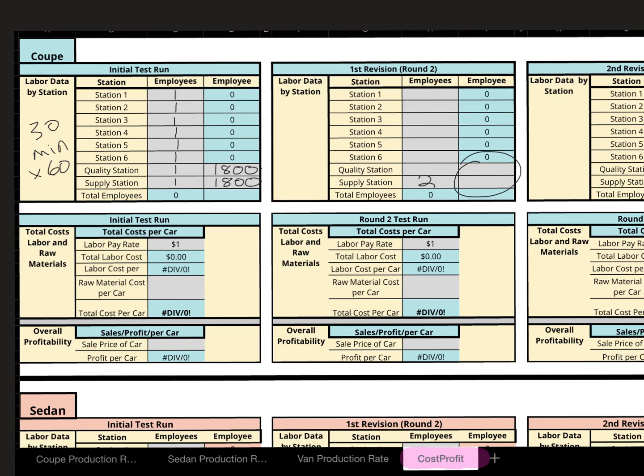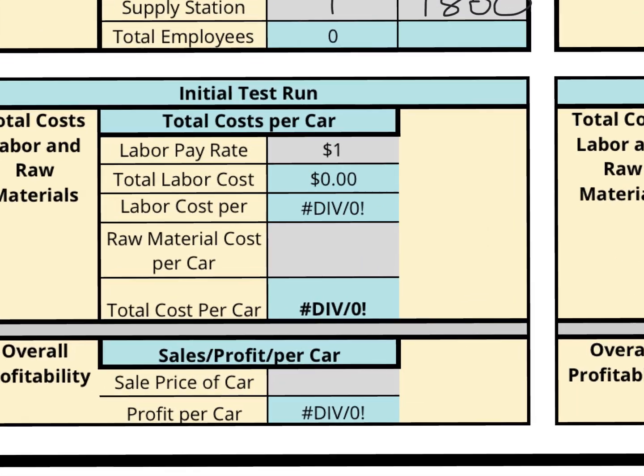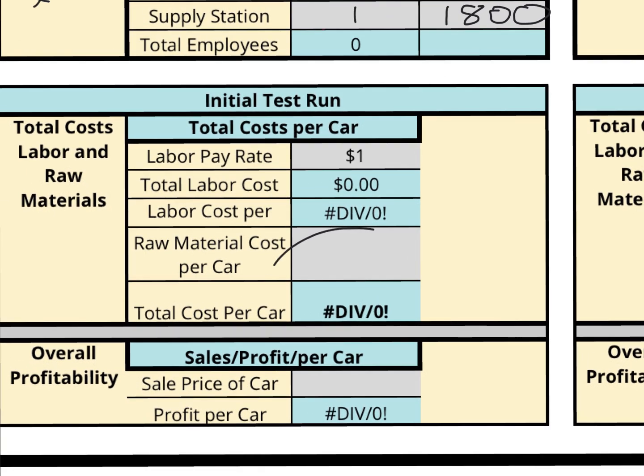The other piece of information, or pieces of information, that you will need to put into the spreadsheet are here with the cost. So raw material cost per car.